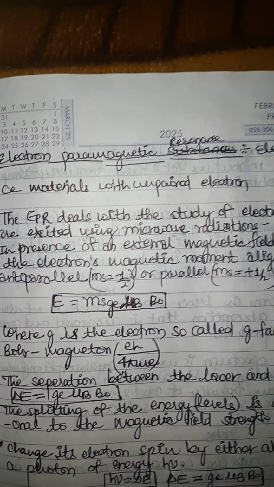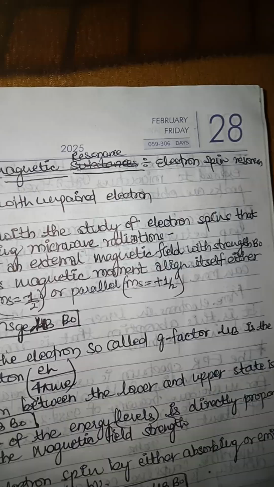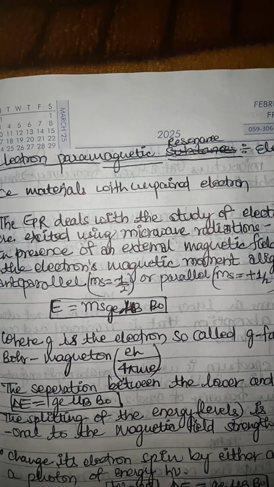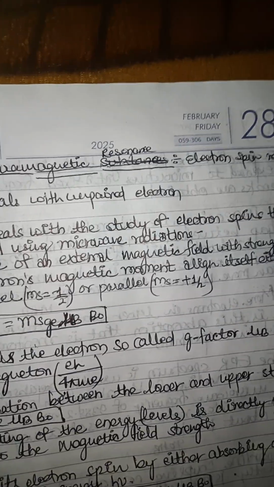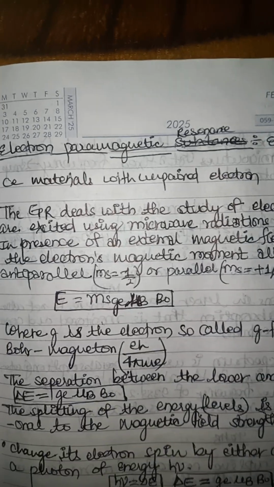EPR deals with the study of electron spins that are excited using microwave radiation in the presence of an external magnetic field with a strong B naught.